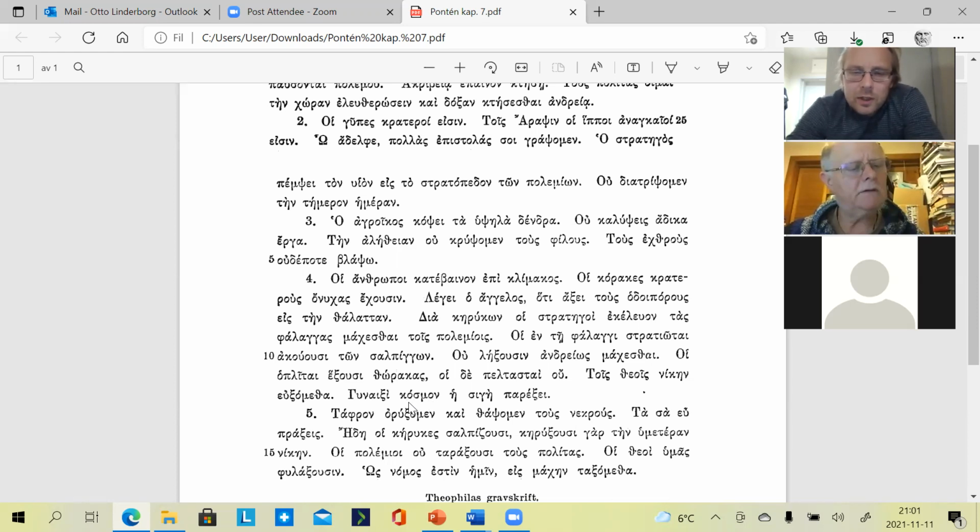Cosmon has many meanings. So cosmos could also be order. Okay. Yeah. I mean, literally, it's as you said, silence provides decoration for the woman, or provides order for the woman.